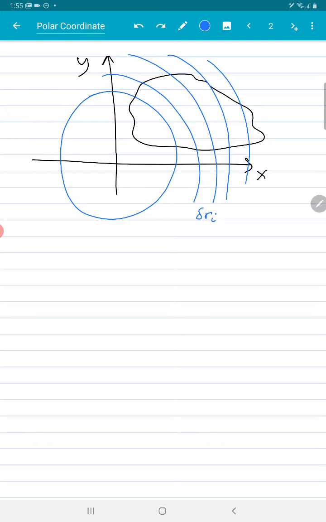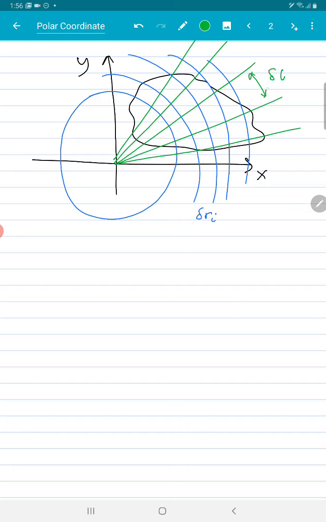And then for theta, remember theta is measured from the positive x-axis, so here I have theta 1, theta 2, theta 3, theta 4, and so on, and the angle between the thetas are the same, so I'm going to say that this angle here is delta theta j, let's say.